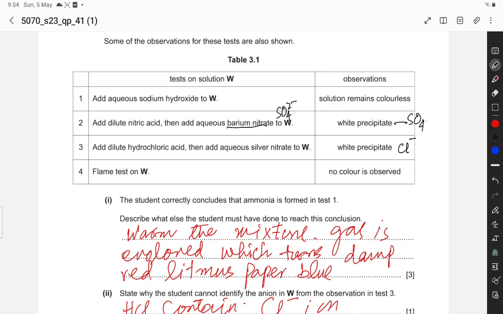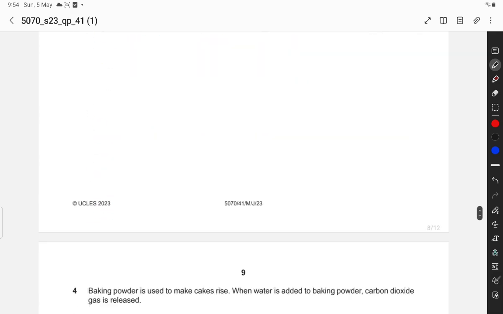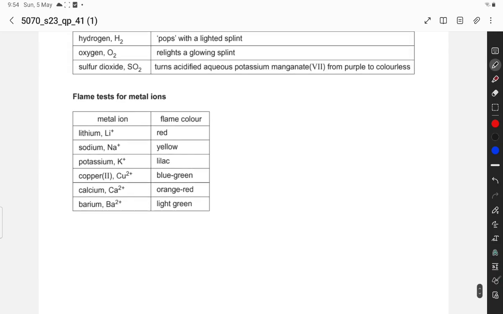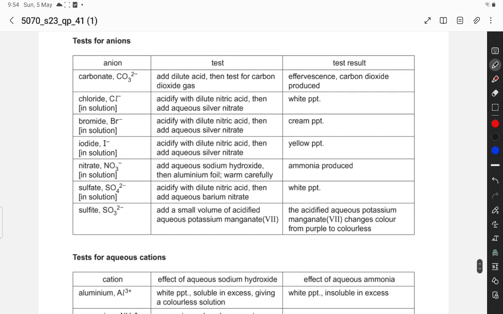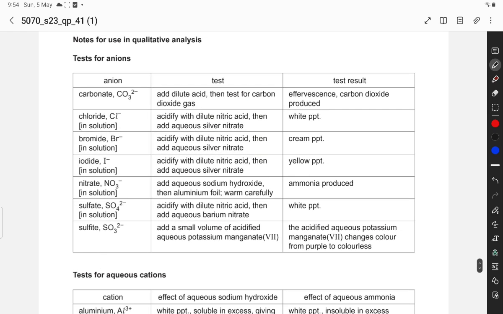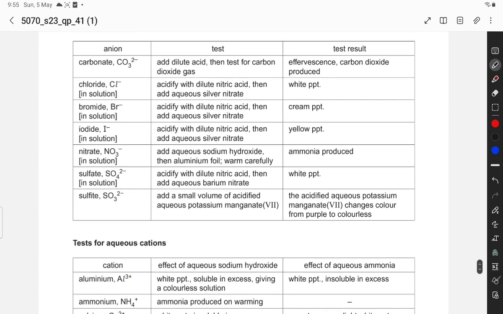You can check from the table given at the end of the paper. Just confirm, look at this, for nitrate. Add aqueous sodium hydroxide, for the test. For the sulfate test, acidify with dilute nitric acid, this is the test written over here, and then add aqueous barium nitrate. White precipitates are formed.